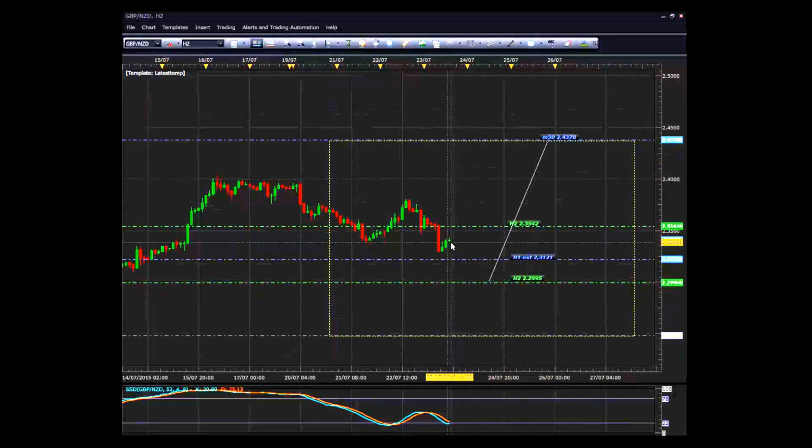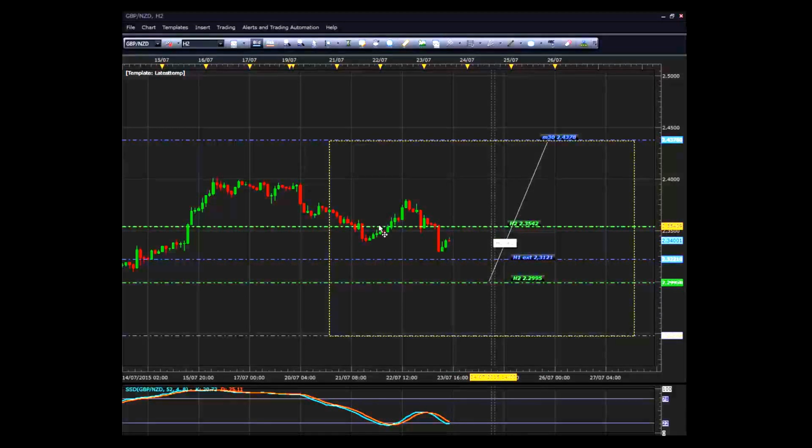I do expect Pound Kiwi to strengthen further, but I identified two levels here, one at 235.42, which is the level I took a long at early on in the week. And I did say during my webinar that I'll take it off the table if I grab a couple of hundred points prior to the announcement, which is what I did. I sold around here. The announcement was later on.